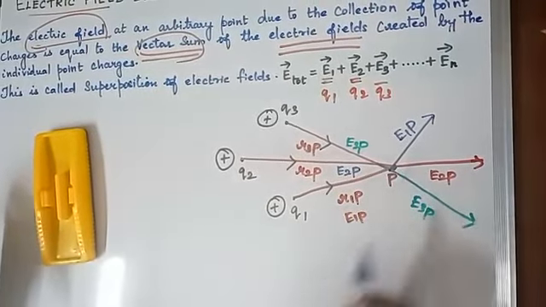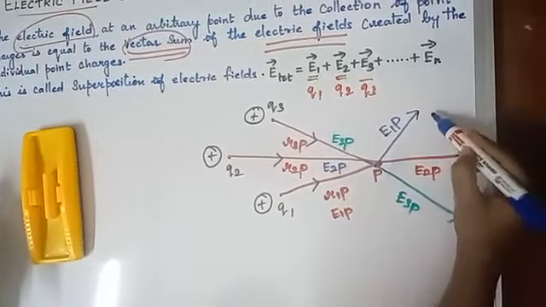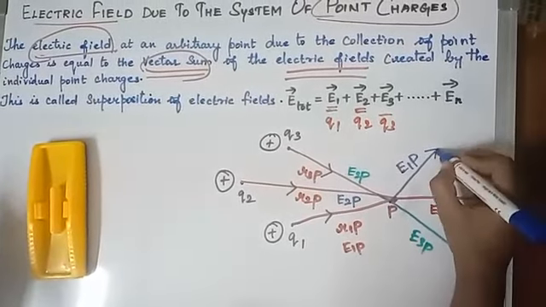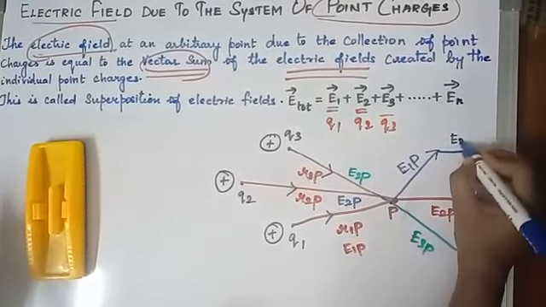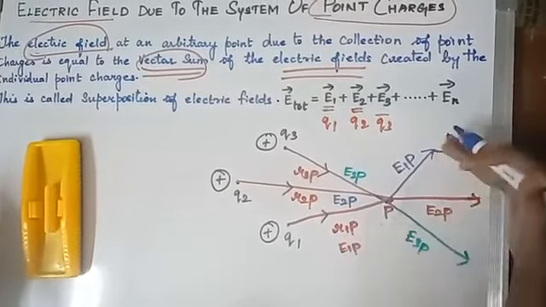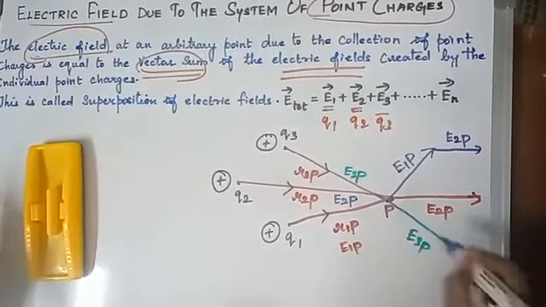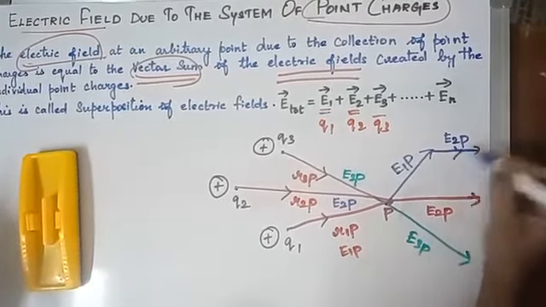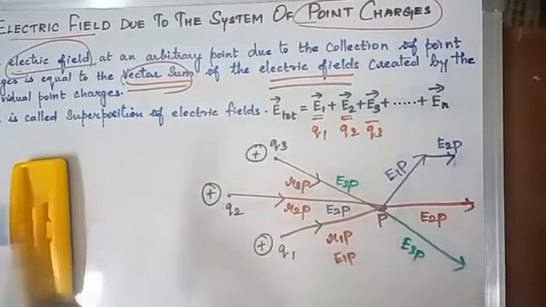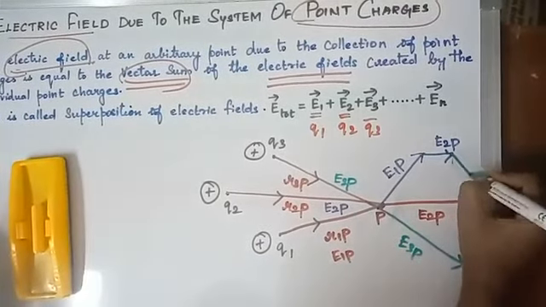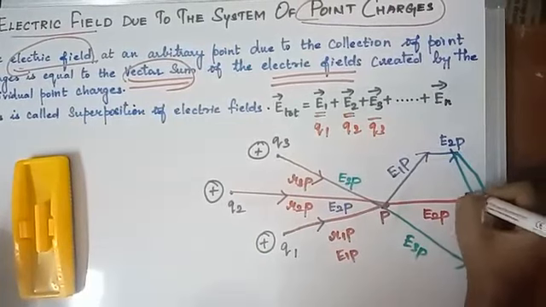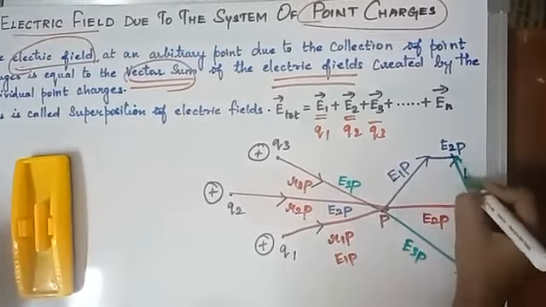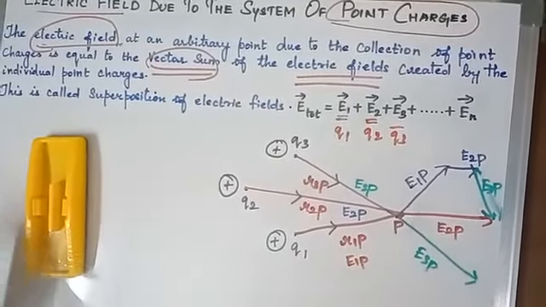Now, parallel to E2P I am going to draw a line, and parallel to E3P I am going to draw another line. So this is my E1P, E2P and E3P.